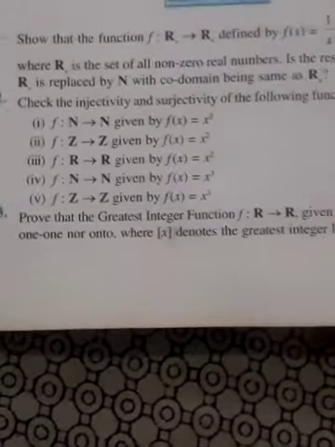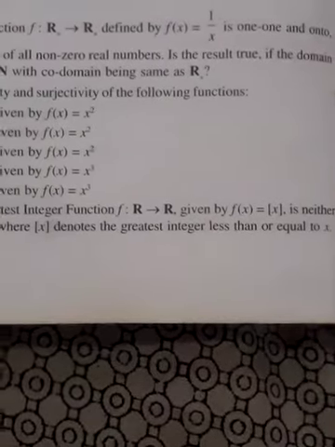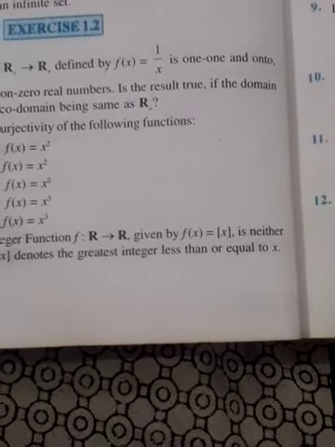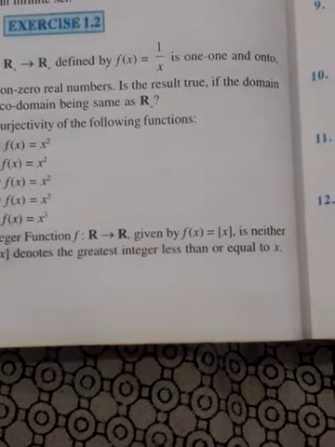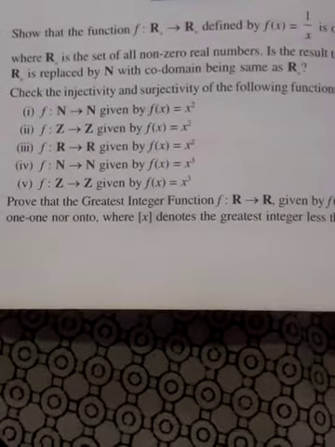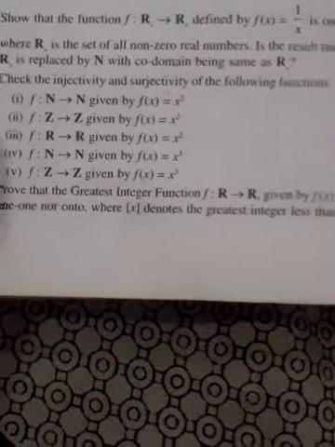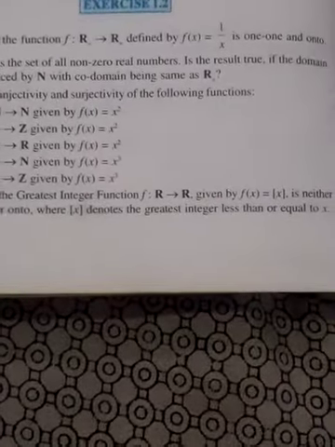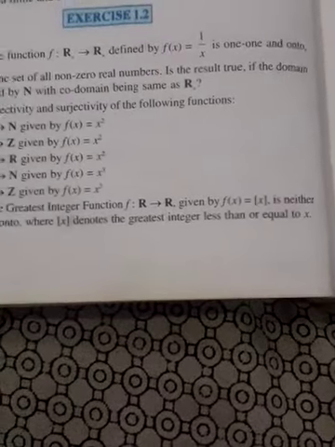Prove that the greatest integer function f: R to R given by f of x equal to [x] is neither one-one nor onto, where [x] is the symbol of the greatest integer function, denoting the greatest integer less than or equal to x.